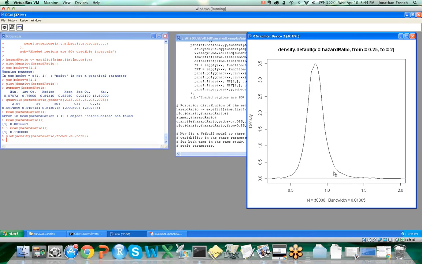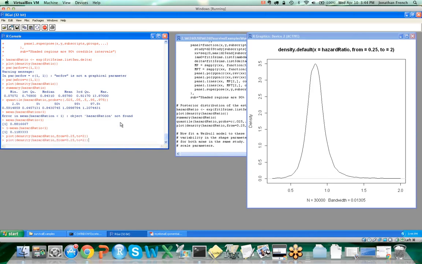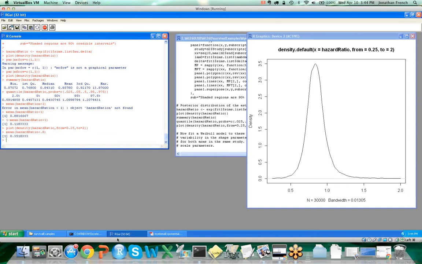And if you felt like you really needed to have a meaningful benefit of at least 20% reduction in hazard, you might want to ask yourself, what's the probability that the hazard ratio is less than 0.8? And if we were to do that, we could get a probability. There's a 35% posterior probability that the typical hazard ratio is less than 0.8.